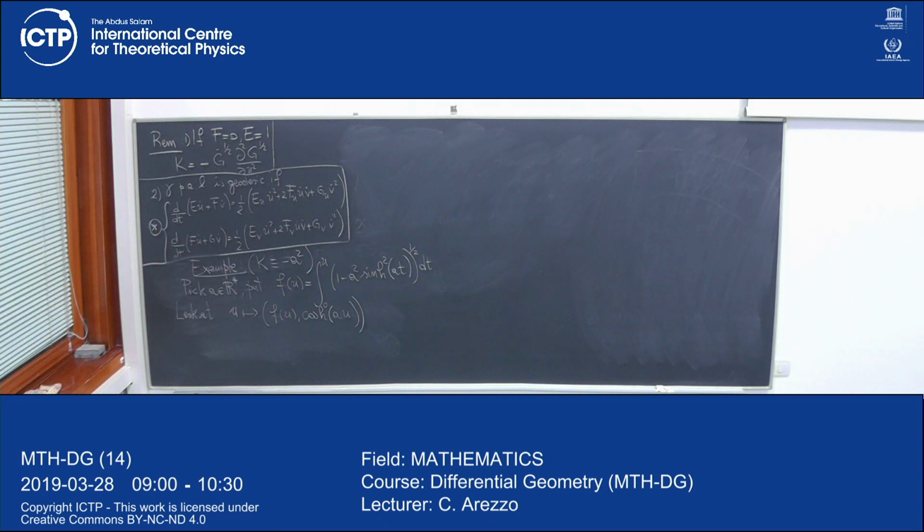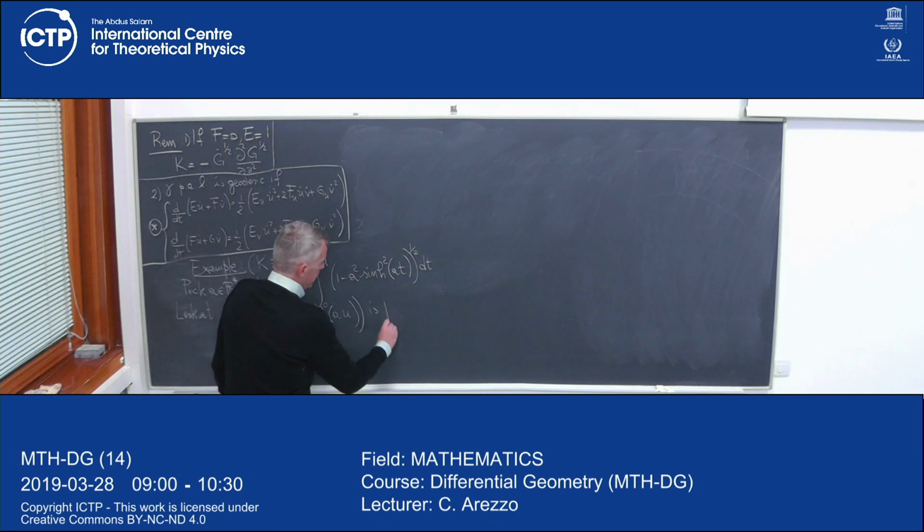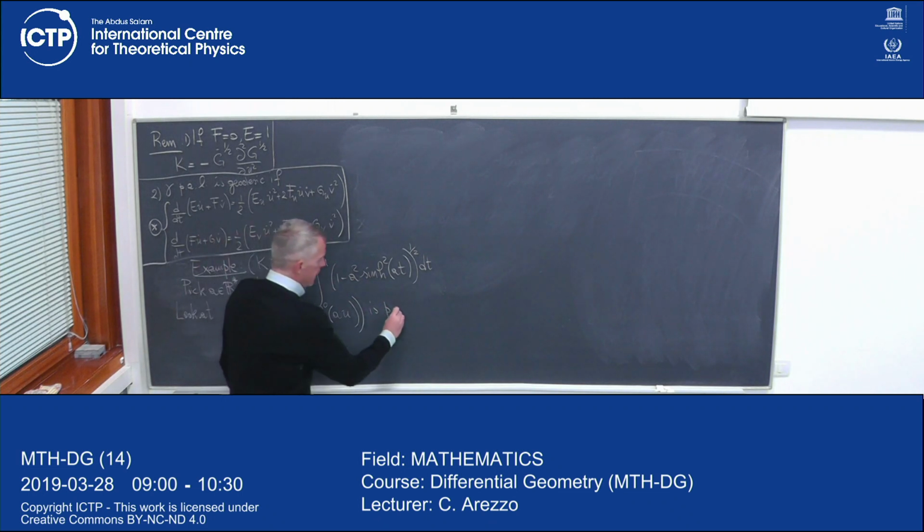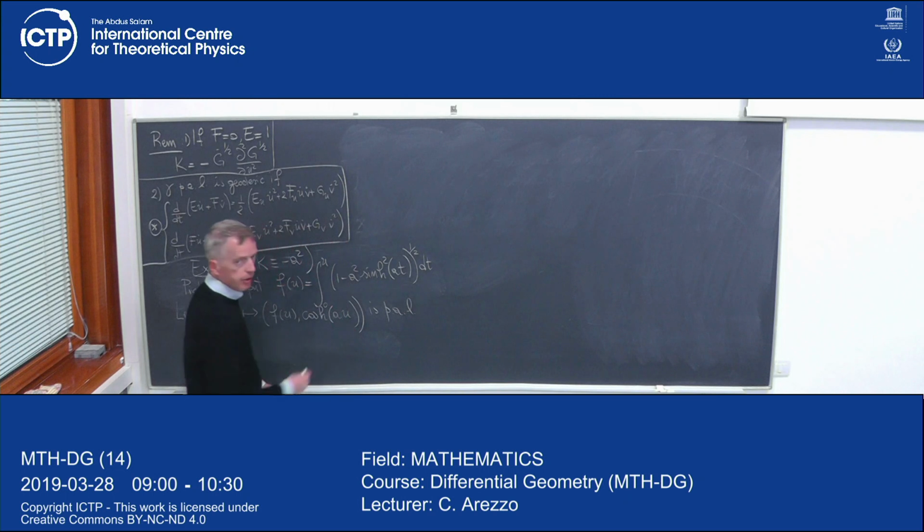First observation: it's parameterized by arc length. This is immediate just because of the relationship between cosh squared and sinh squared. So without even doing much effort.